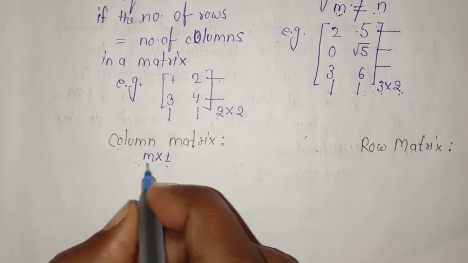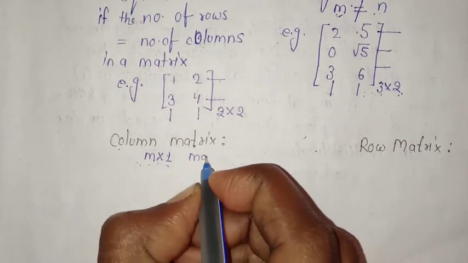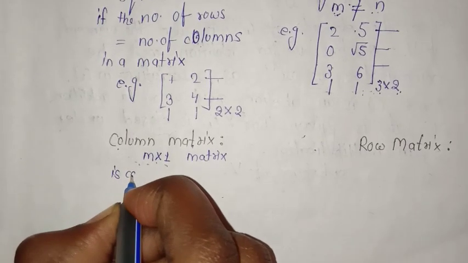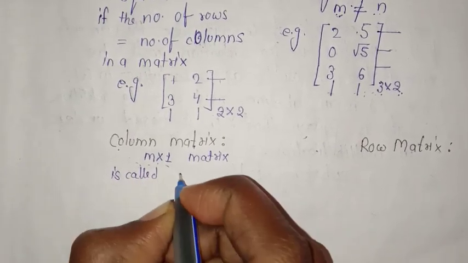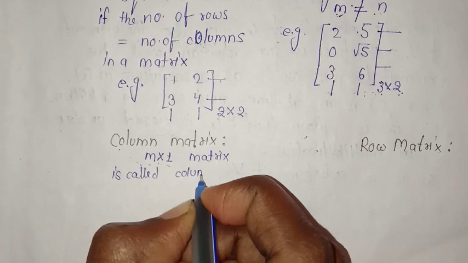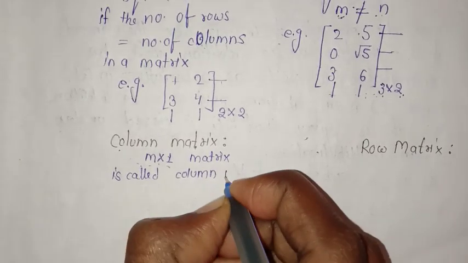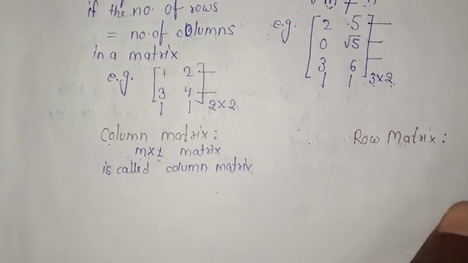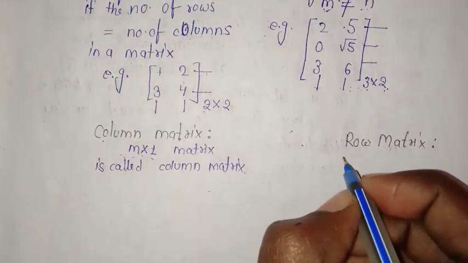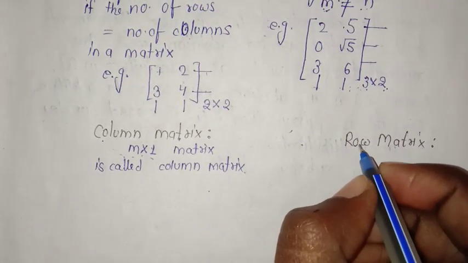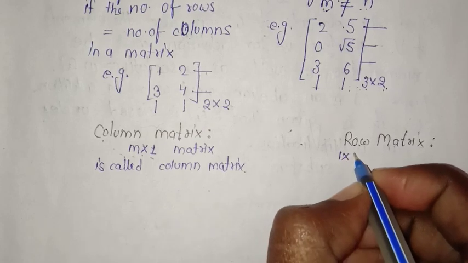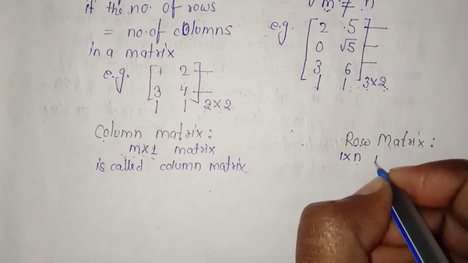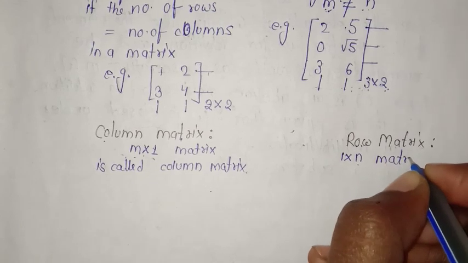So this type of matrix, m cross 1, is called a column matrix, where m is the number of rows. Similarly, we can define a row matrix. This time we take the row as 1, that is 1 cross n, where n is the number of columns. So a 1 cross n matrix is called a row matrix.